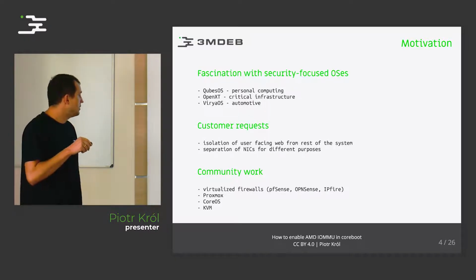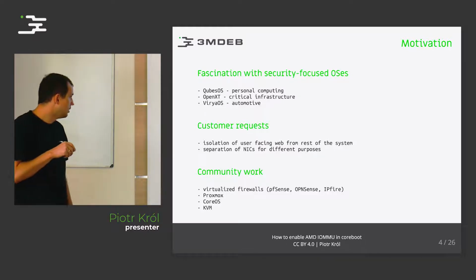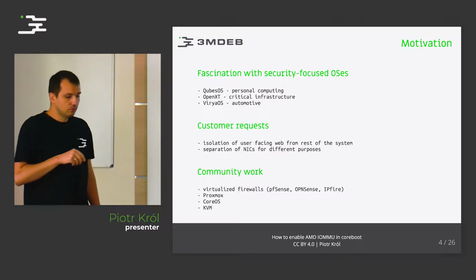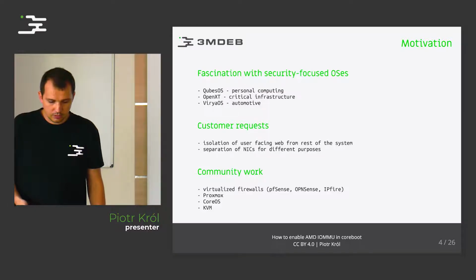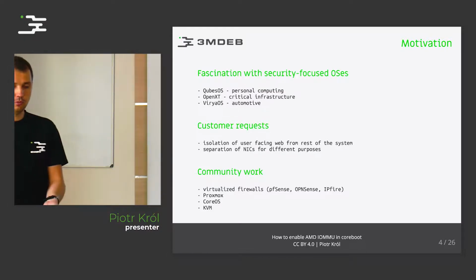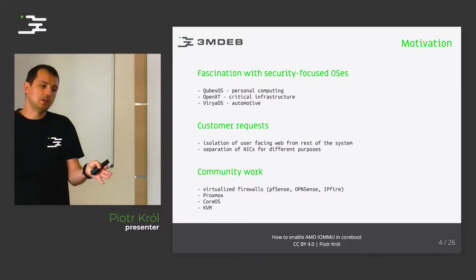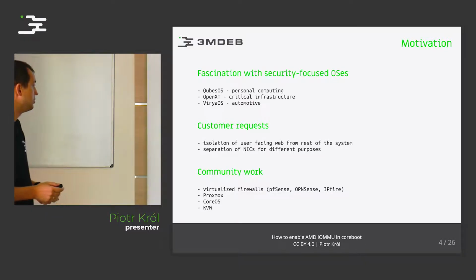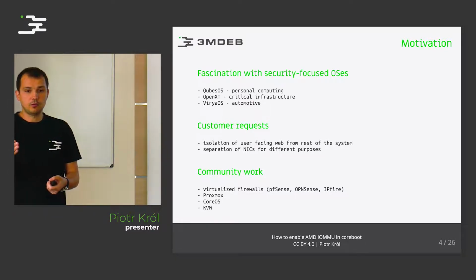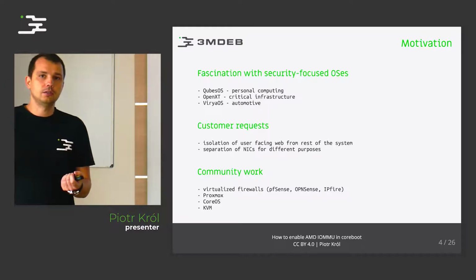What else motivated me to do the research? Community work. So there are people that want to do virtualized firewalls. That means they have a firewall inside a virtual machine and not in the operating system, and it's separated from the whole system. And probably if you use some special features of IOMMU, you can assign to this firewall an external, world-facing connection.